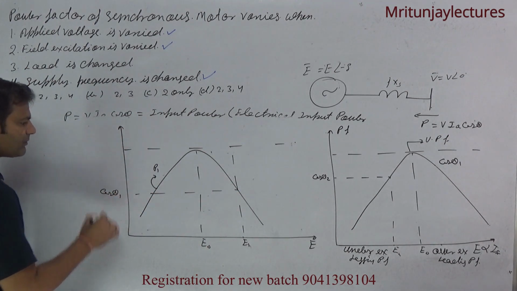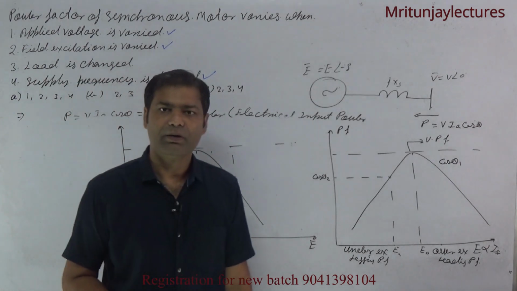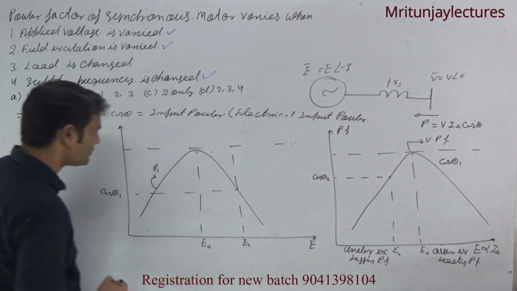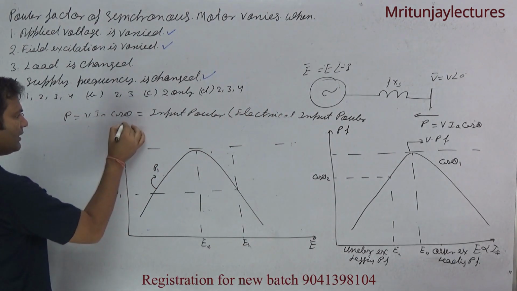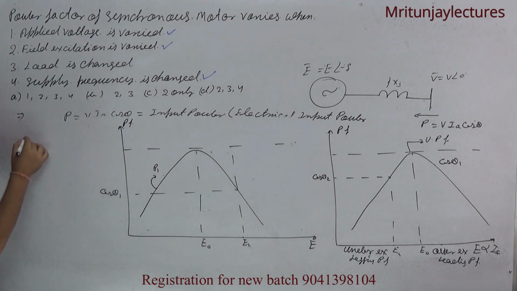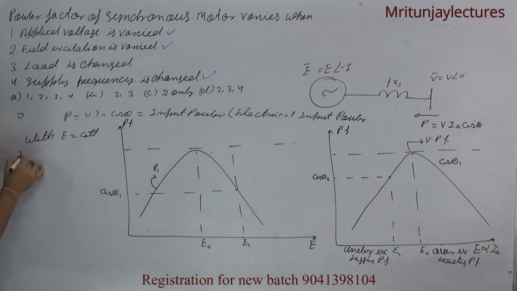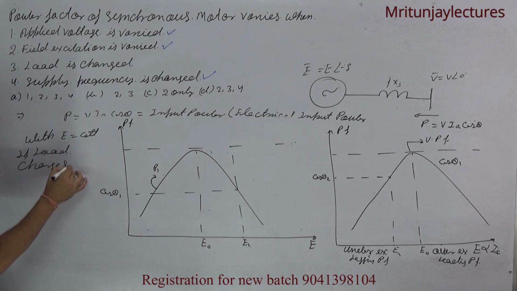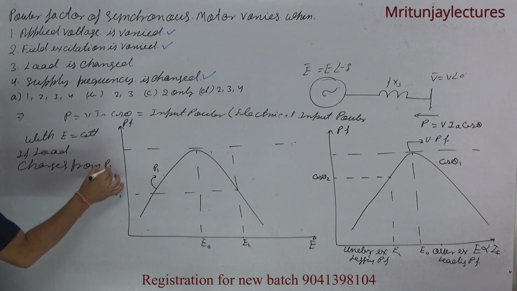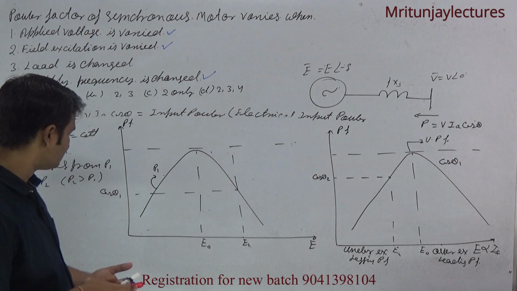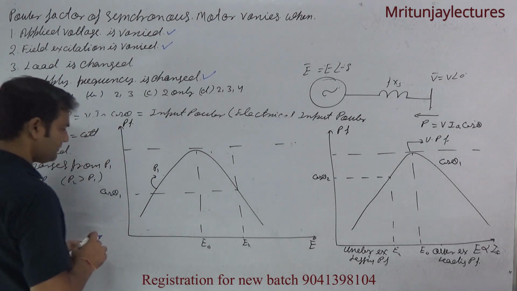Cos theta 1. If the load is changed, then the input power also changes. So with E constant, if the load changes from P1 to P2 and P2 is greater than P1, then what about the graph?